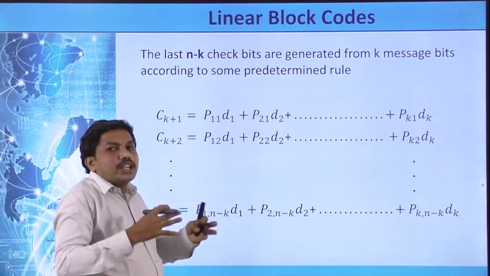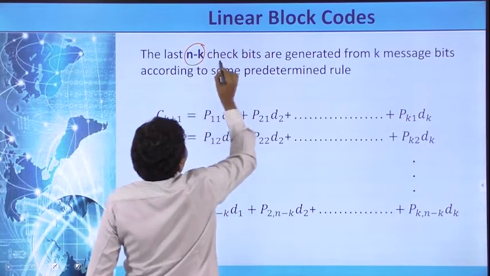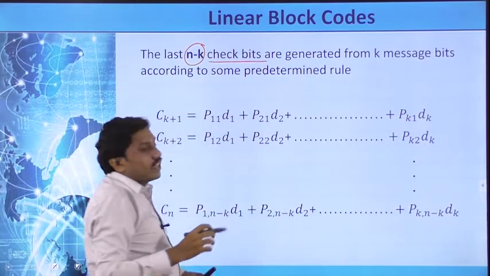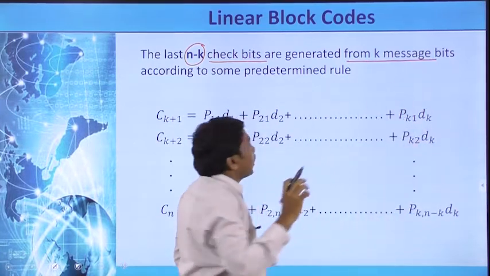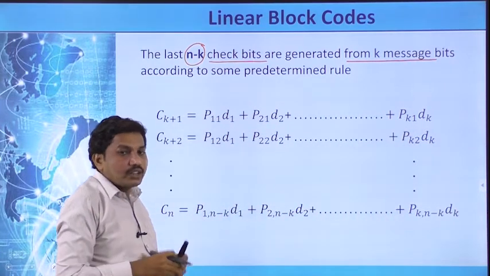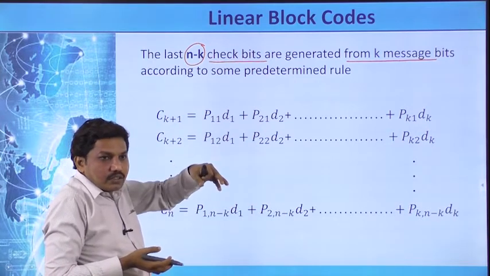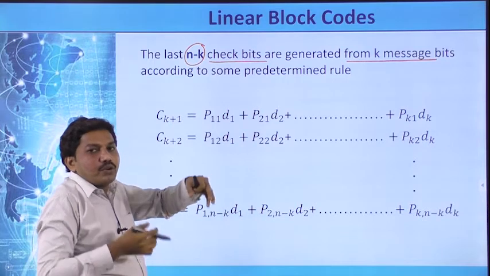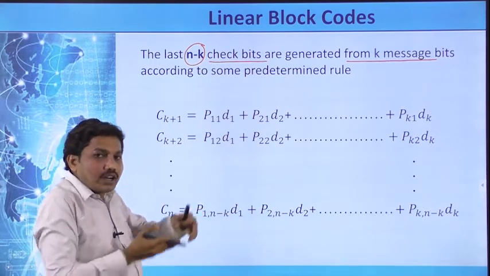Okay. So how to generate these check bits? The n minus k check bits are generated from the message bits by using some predetermined rule. The first k bits we have already calculated: C1 equal to d1, C2 equal to d2, C3 equal to d3 up to Ck equal to dk. So what are the remaining bits?